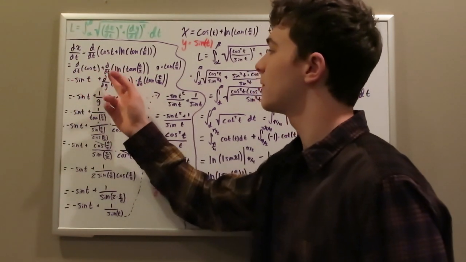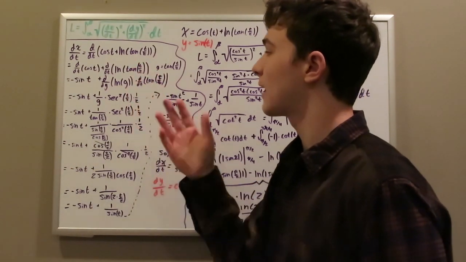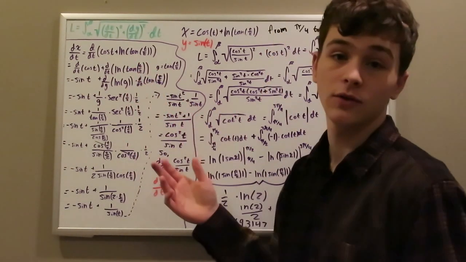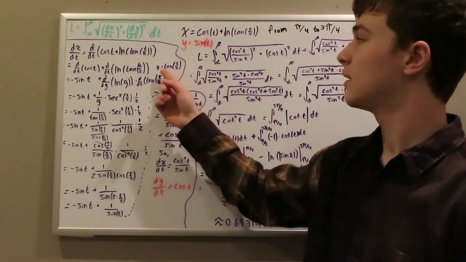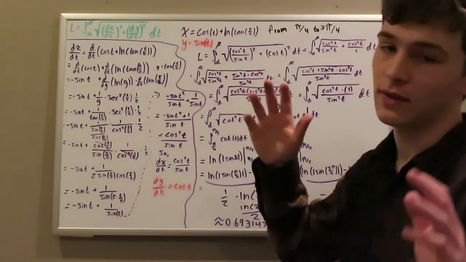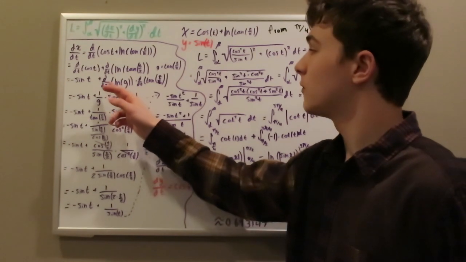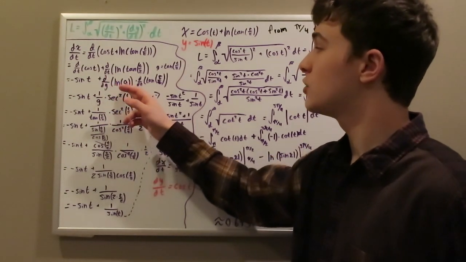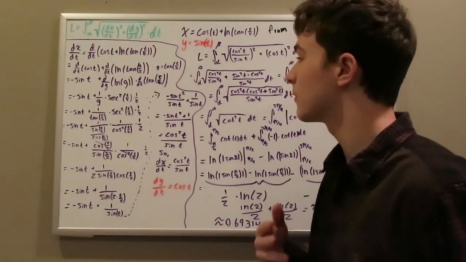And then the derivative of natural log tan t over 2 is going to be a little bit more difficult, so you're going to have to use substitution. So I substituted g, where g is equal to tan of t over 2. By doing this, you can find the derivative of natural log g, which is going to be 1 over g, because that's a basic derivative.